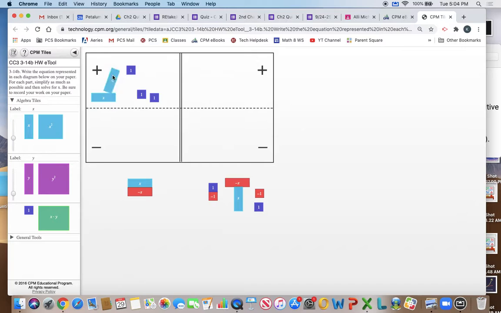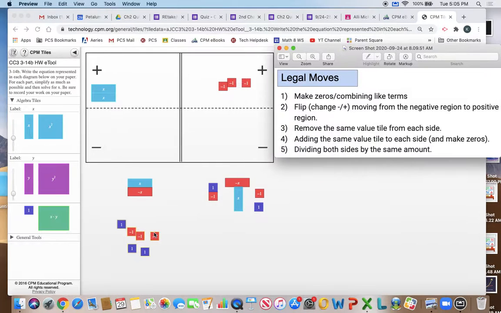And here, that means that we now have 2 x's over on this side. So we want the x's by themselves. So maybe what we do is now we add 3 negative tiles to both sides. So let's put that up. Okay, and then we can zero out all of these. Okay, so that's what we have left right now.